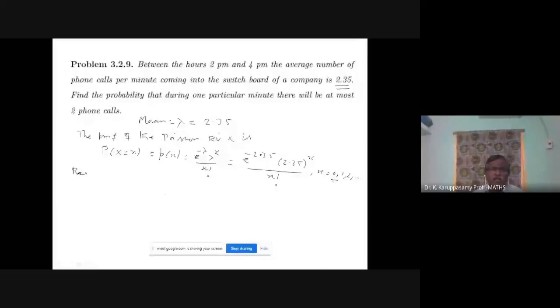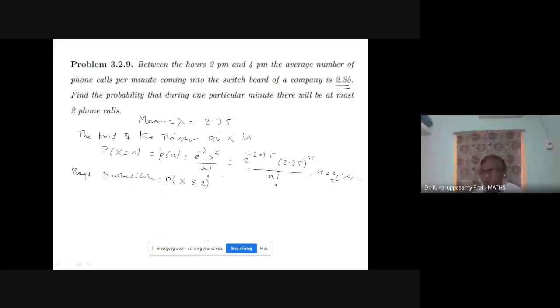Required probability of per minute number of calls is at most 2. At most 2 means maximum 2 calls; it should not be 3, 4, like that. So x is less than or equal to 2 is correct.